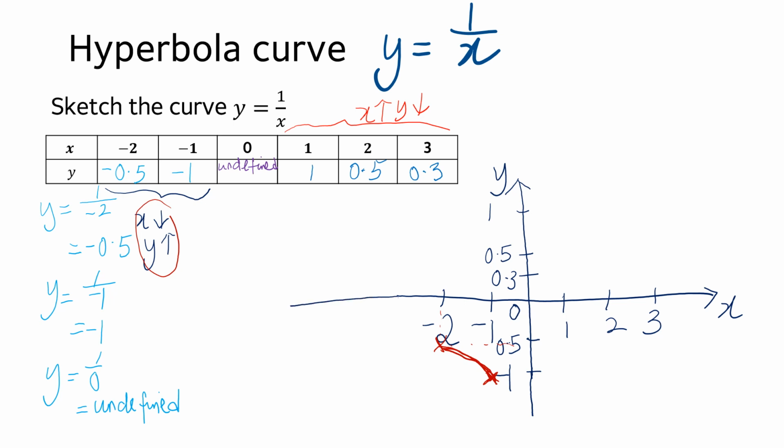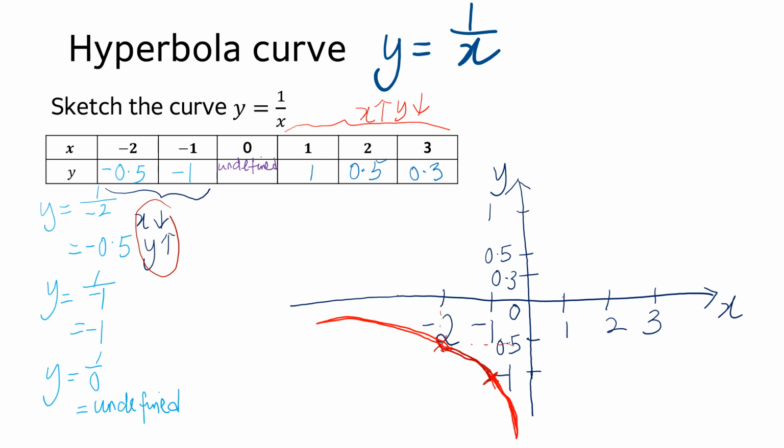That means when the values of x get smaller and smaller, like from -2 they become -3, then -4, the values of y become negative 0.1, negative 0.01, negative 0.0002, getting closer to zero. So it goes this way up. And when your values of x get bigger and bigger, the values of y get smaller and smaller. So it comes down like that.